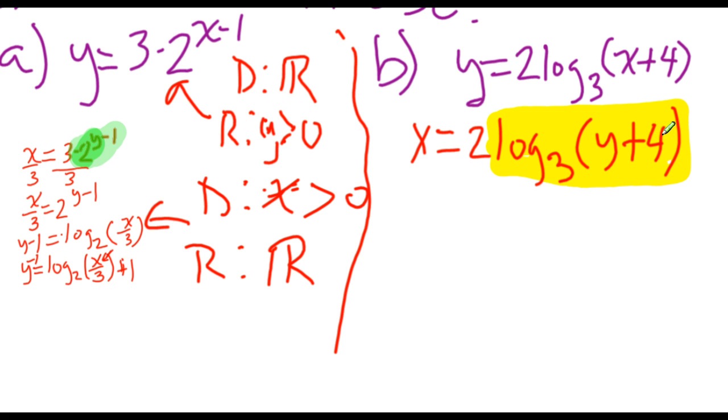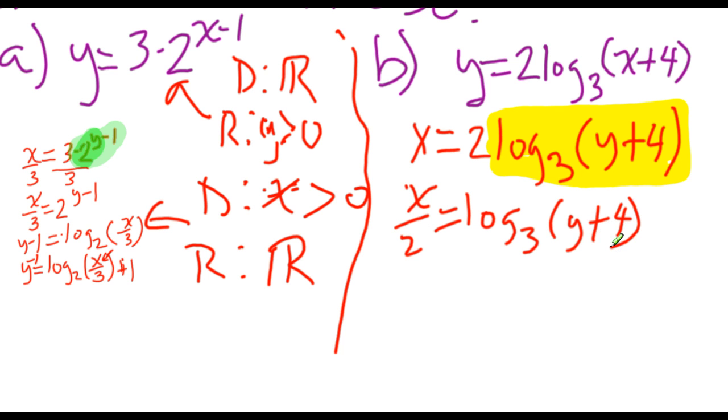You cannot write from one form to the other unless the log expression is alone or the exponential expression is alone. To get this log expression alone, I would just divide both sides by 2, so I get x over 2 equals log base 3 of y plus 4.